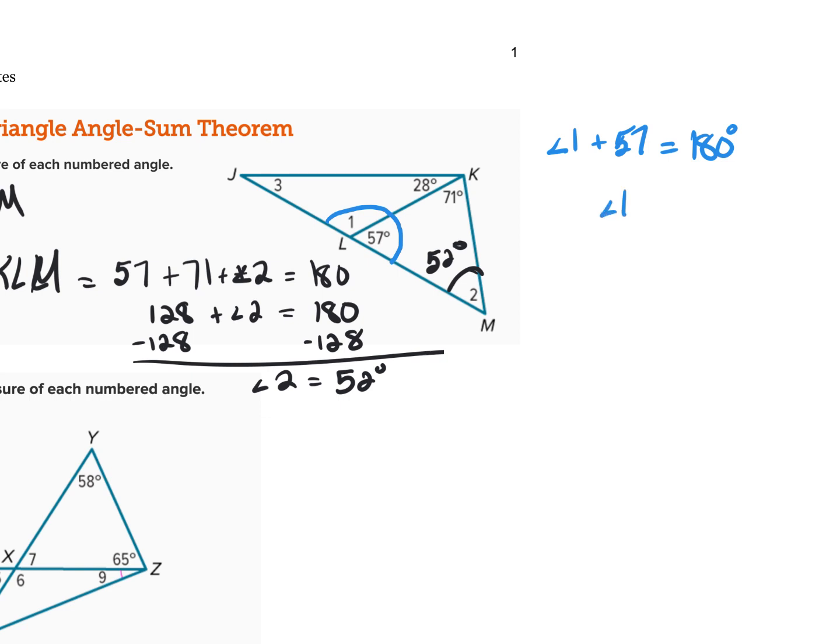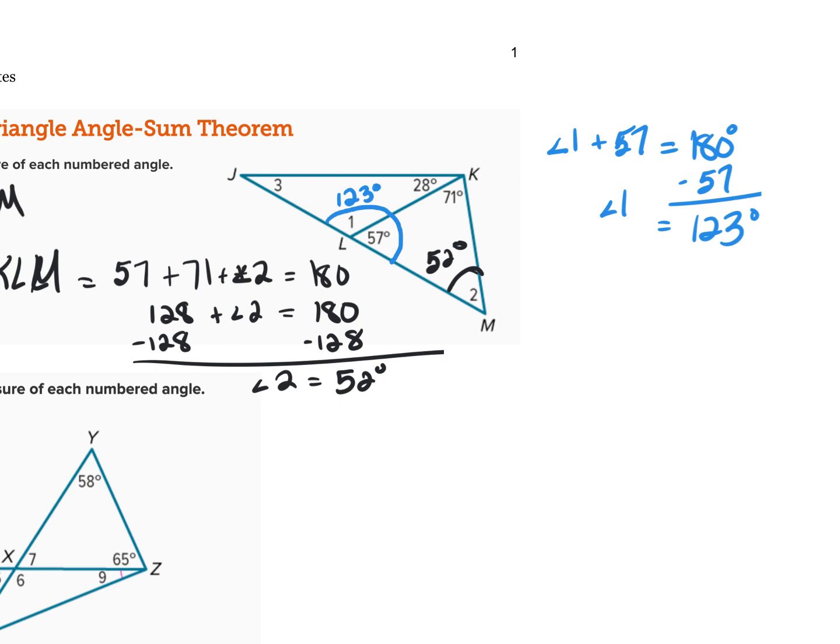So to find the measure of angle 1, I'm going to subtract 57 from 180. And I get 123. Okay. So angle 1 is 123 degrees.